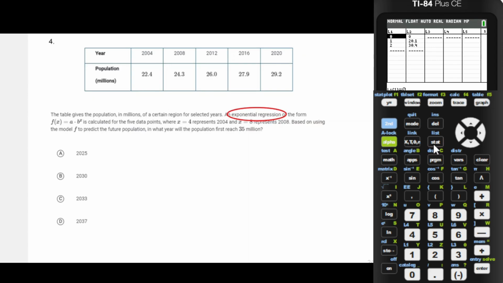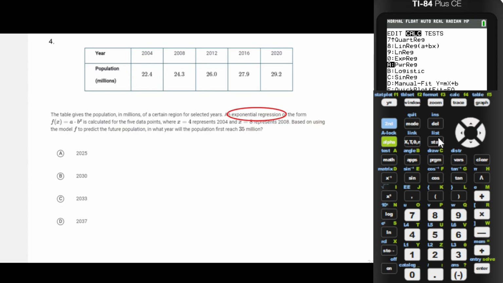X equals 4 represents 2004, so we're going to start at 4, 8, 12, 16, and 20. And 22.4, 24.3, 26, 27.9, and 29.2. And we're going to get out of there, go to the calculate menu, and run an exponential regression.